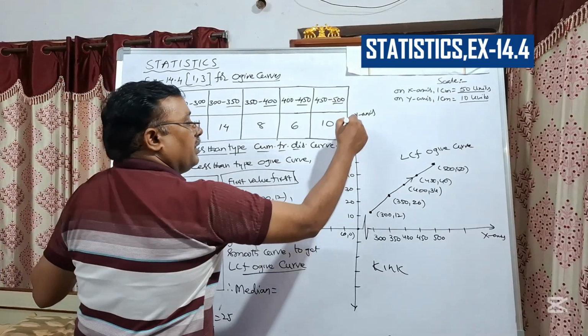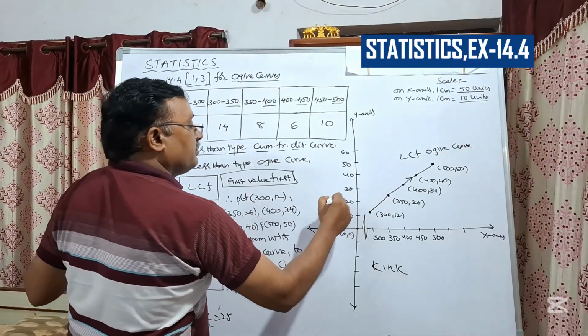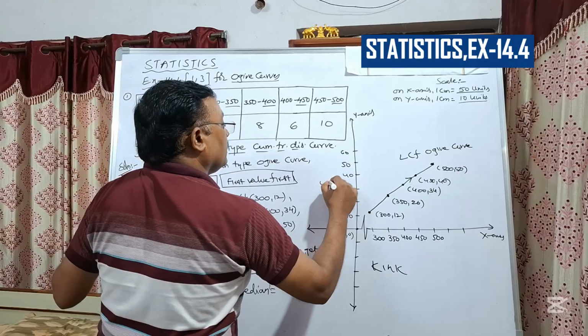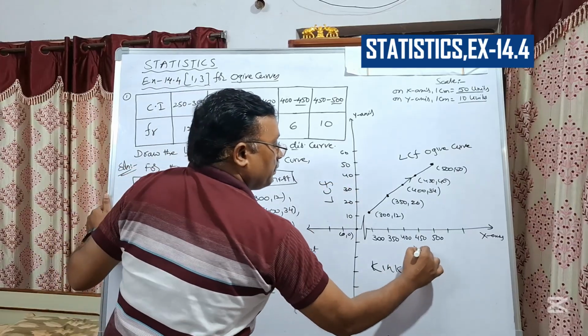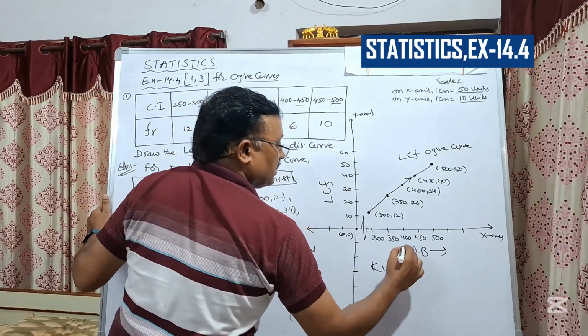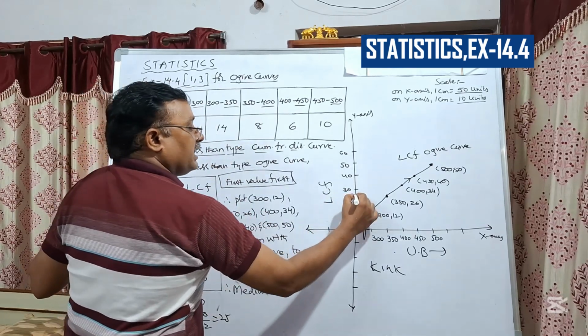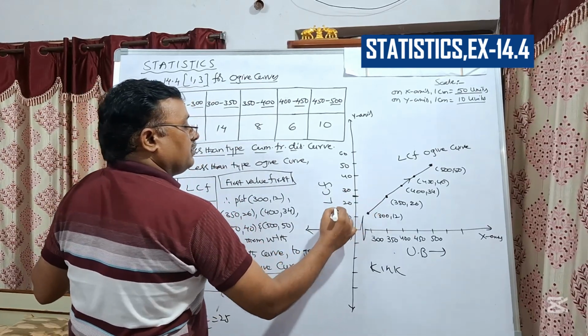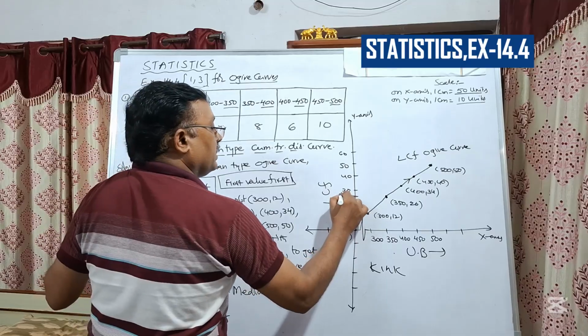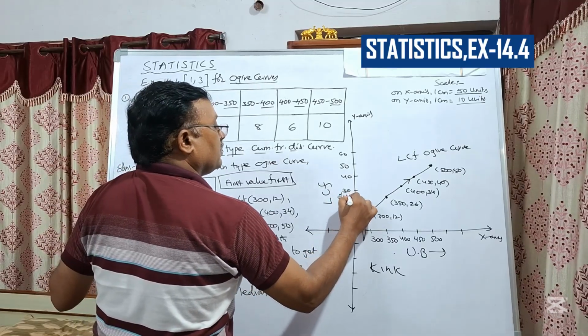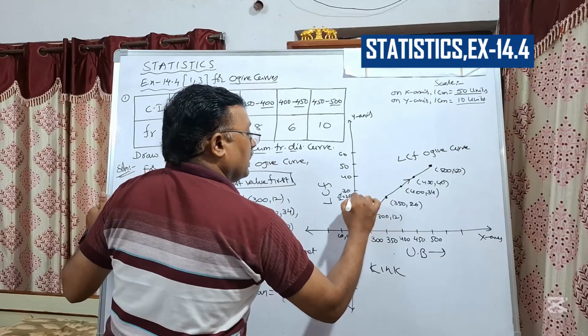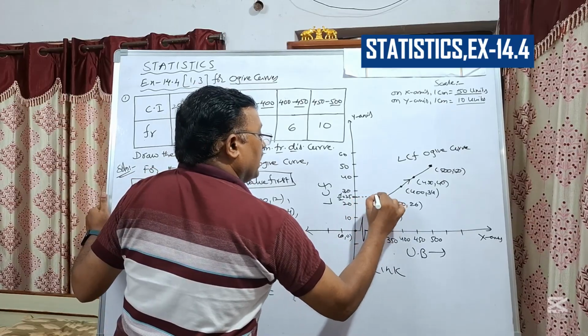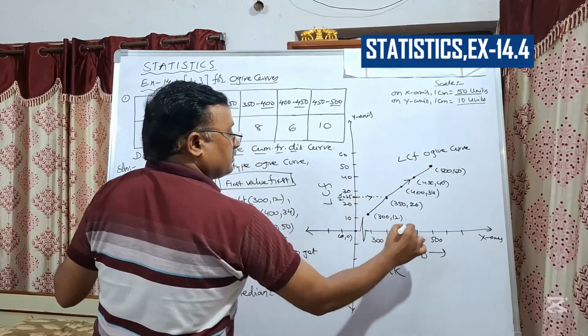That's why on this y-axis, which is LCF, and here the upper boundary is on the x-axis. Okay, at exactly 25, the N by 2 value, you draw the horizontal line which is parallel to the x-axis.